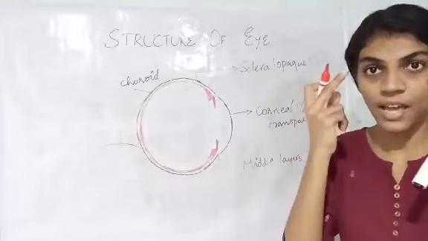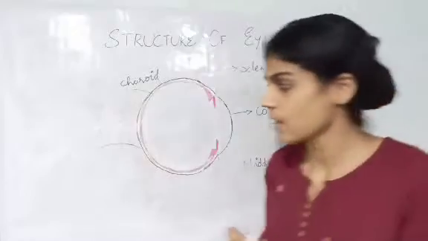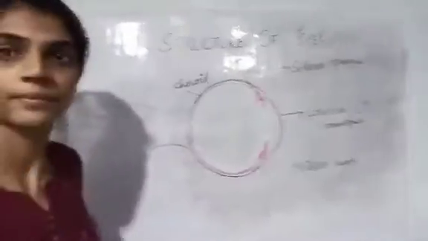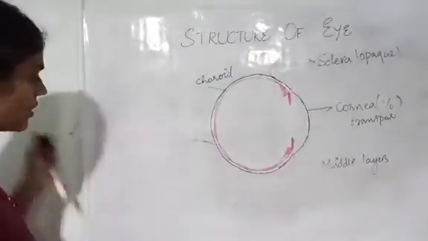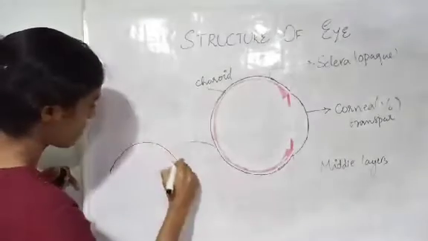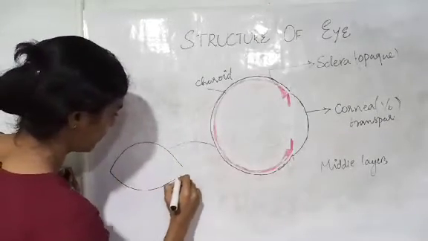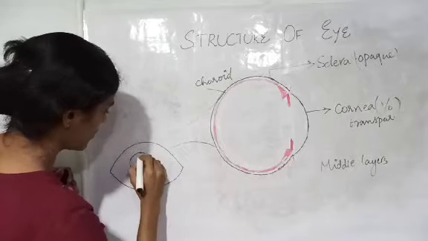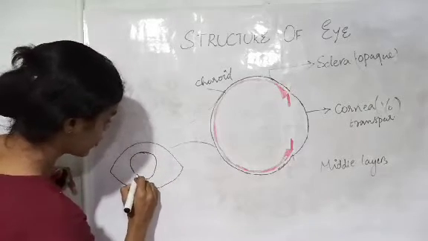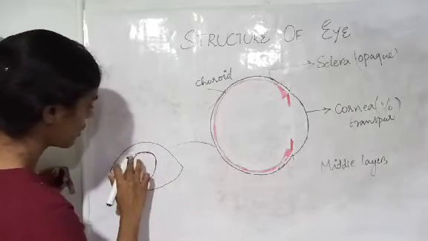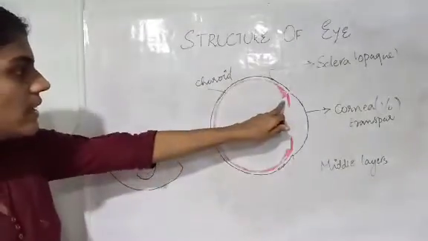You can see the sclera, and between that you can see the darkened portion, right? Suppose this is your eye. So this one is the darkened portion which you can see in your eye.